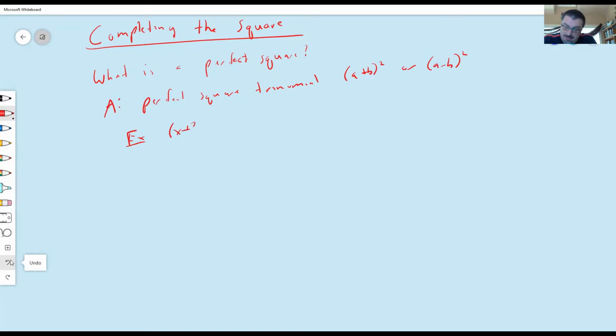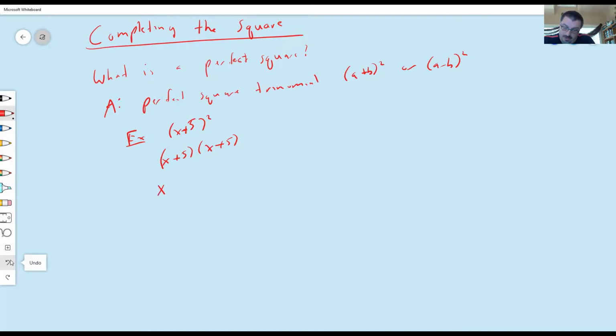If I tell you I have x plus 2 squared, let's not do 2. Let's do 5. It'll work out better. So if I multiply this out, I have x plus 5, x plus 5.